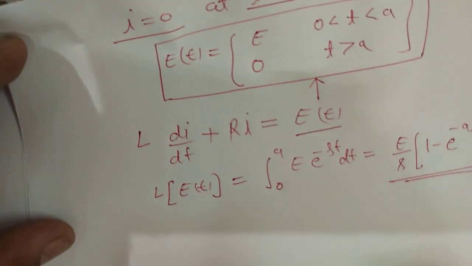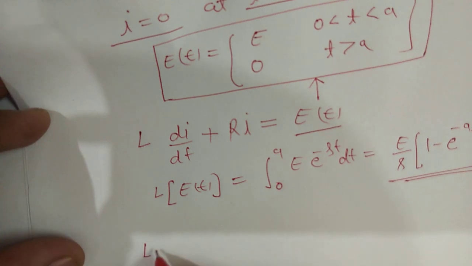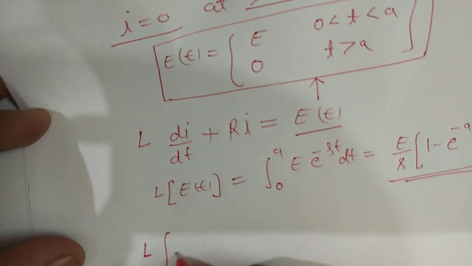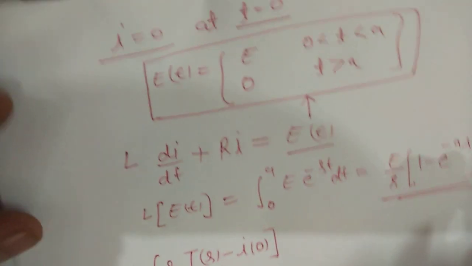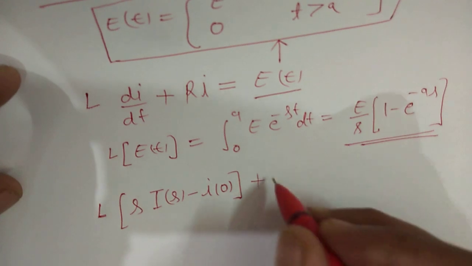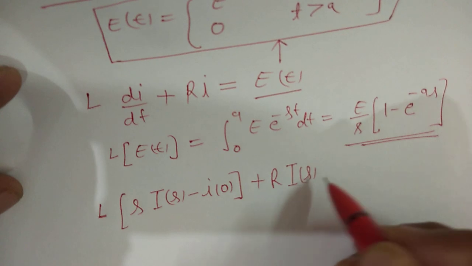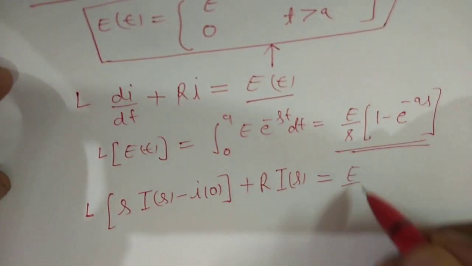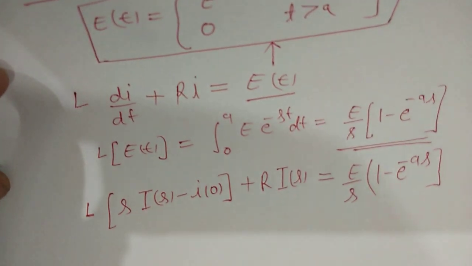If you apply the Laplace transform on both sides, the left hand side will be L times (s Y(s) - y(0)) plus R times Laplace of I, equal to Laplace of E(t), which is E/s (1 - e^(-as)).